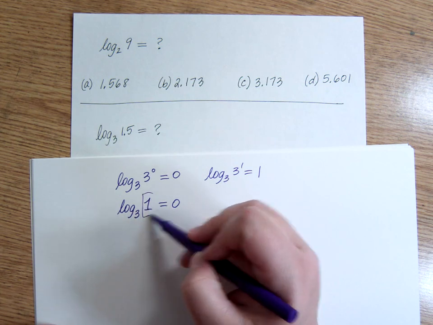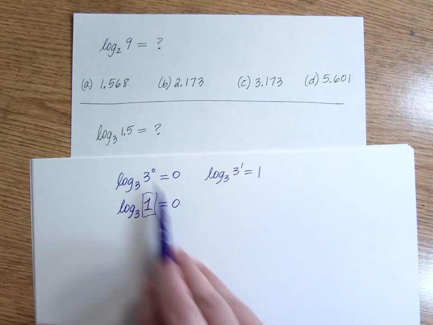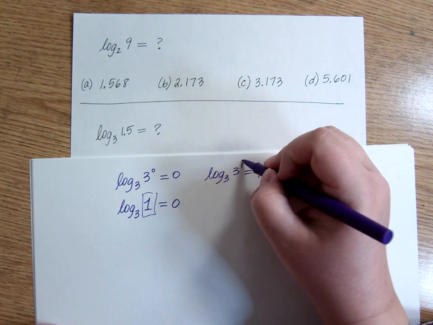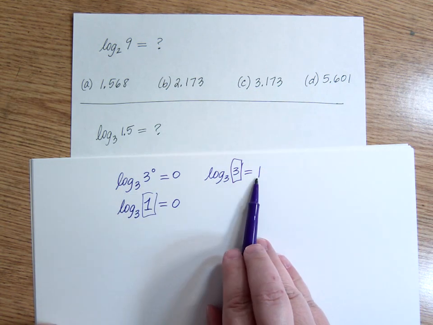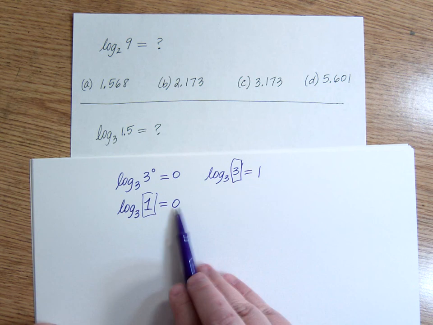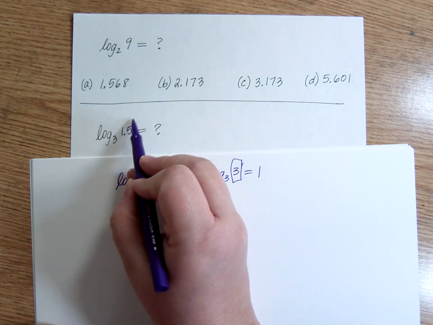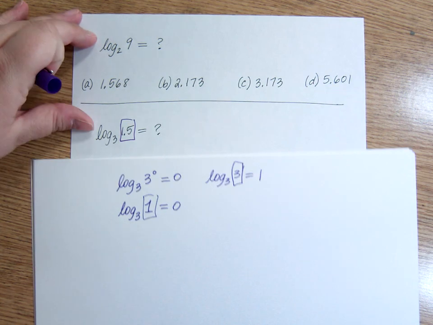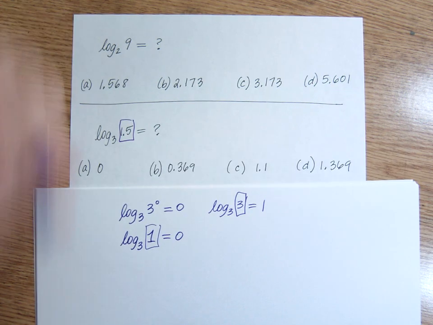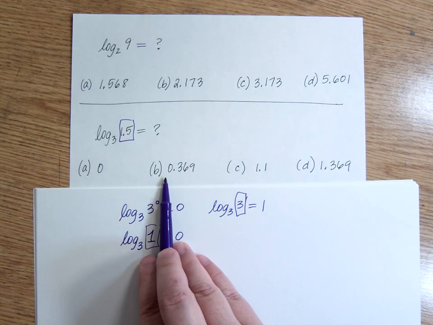So if I had a 1 here, where the 1.5 is, my answer would be 0. If I had a 3 here, my answer would be 1. So I'm looking for a number between 0 and 1 because my argument is between 1 and 3. So 0 and 1 between there is B.